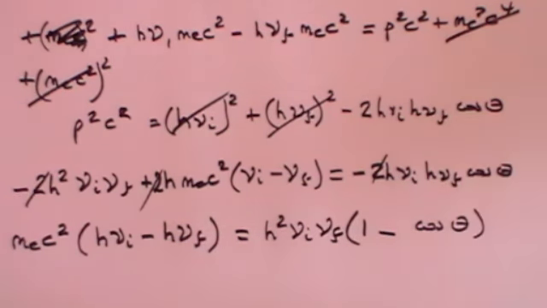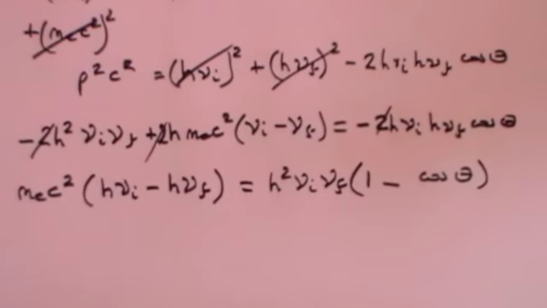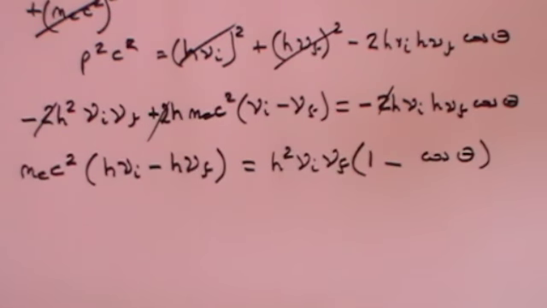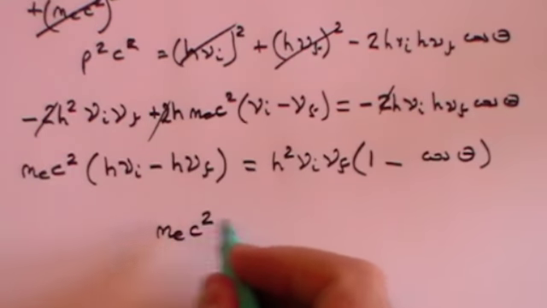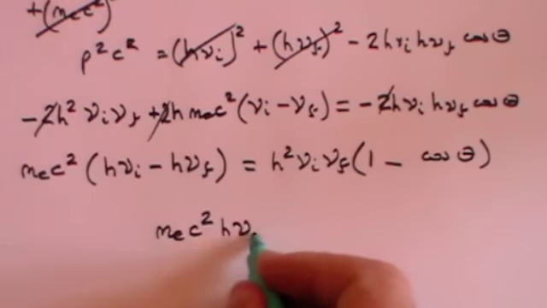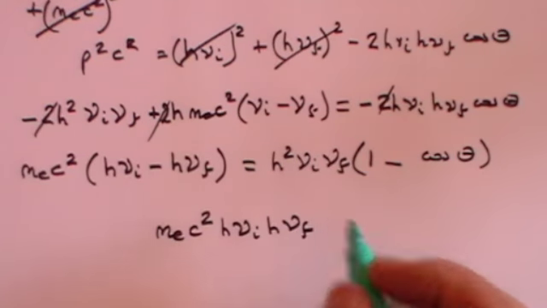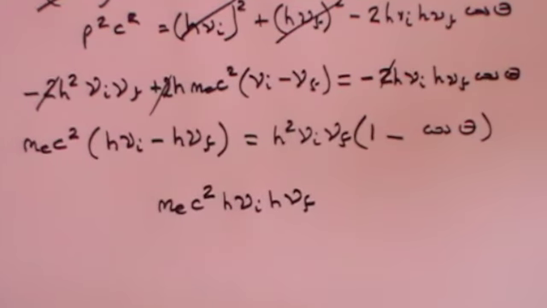And you're just beginning to see the beginnings of the derivation of the formula. We're almost there. I am now going to divide all those terms by mec squared h nu I h nu f, which will be a lot easier than you think, because when I divide this term by that term, the only thing that is left is a 1 over h nu f.